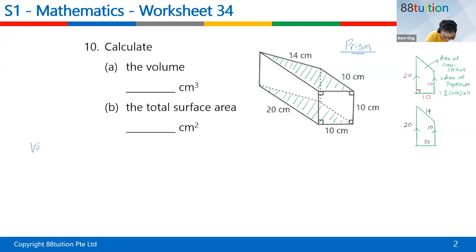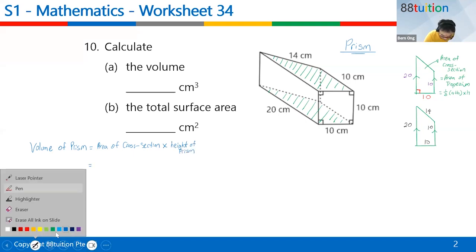How do you find the volume? Volume of a prism, what's the formula? It's the area of cross-section times the height of the prism. What is the area of cross-section?